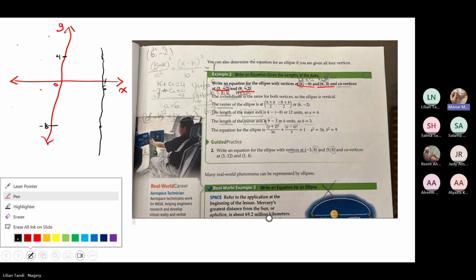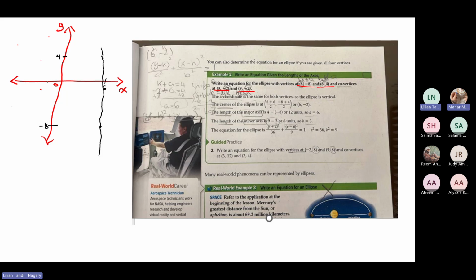On 3, -2. 3, -2 is here. This is -2. This is 3. The other co-vertex is where? 9, -2. Somewhere here. This is 9. Okay? Now you see? Like that.